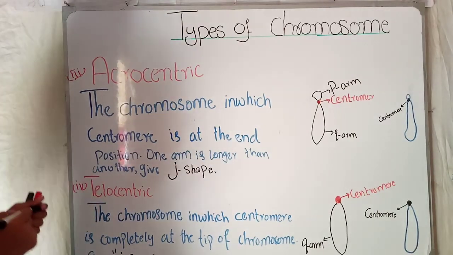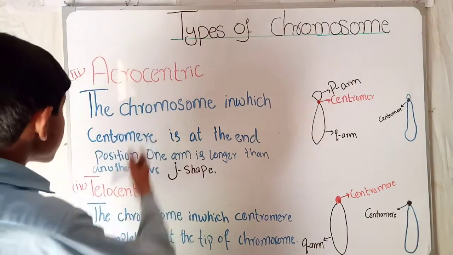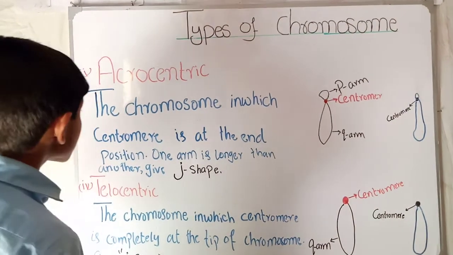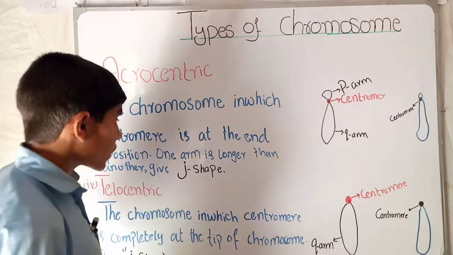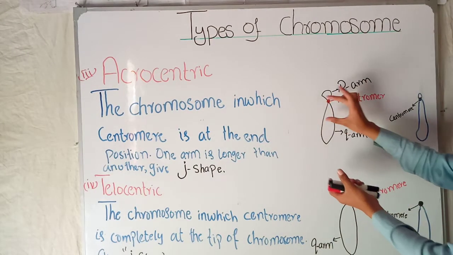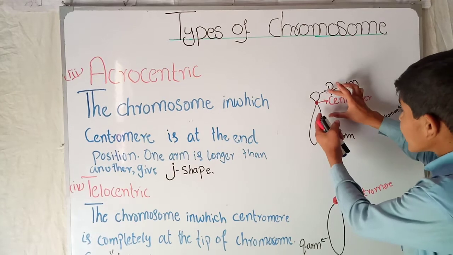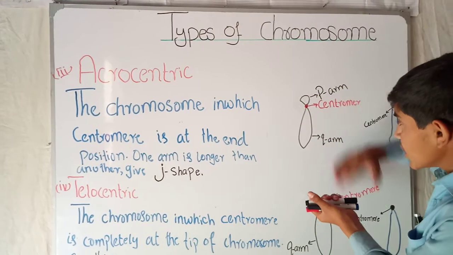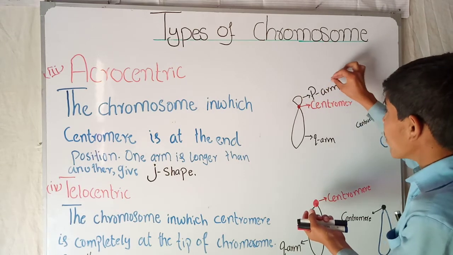Next, the third type of chromosome on the basis of the position of the centromere is the acrocentric. In the acrocentric, the centromere is at the end position, and one arm is longer than the other. The centromere is just near the end, and there is a little small P arm.